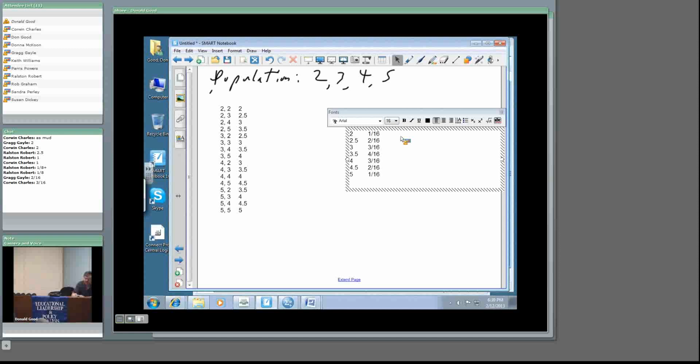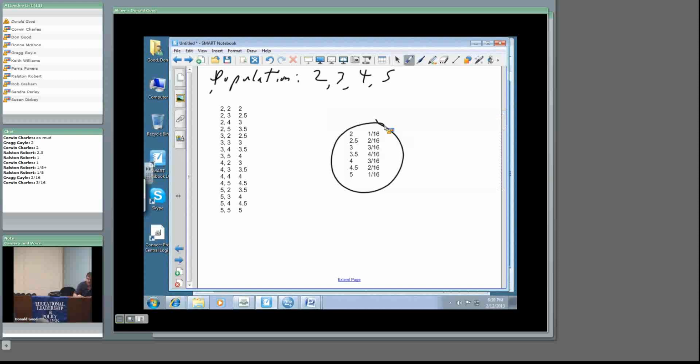But let's graph these. Let's look at these. I'm going to go from 2, 2.5, 3, 3.5, 4, 4.5, and 5.